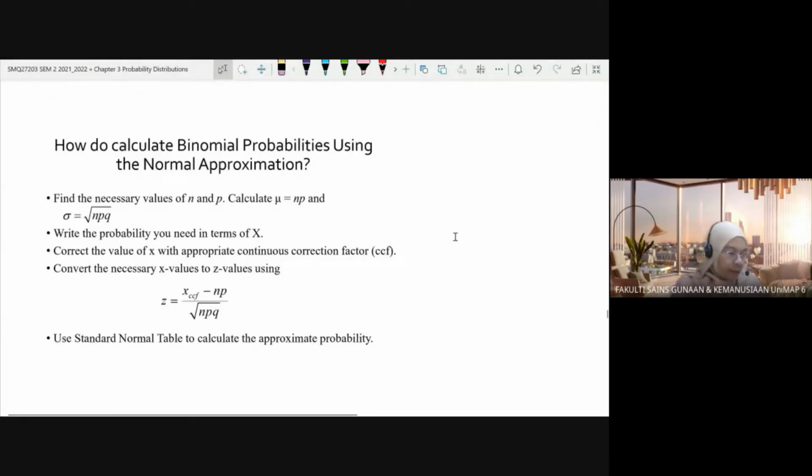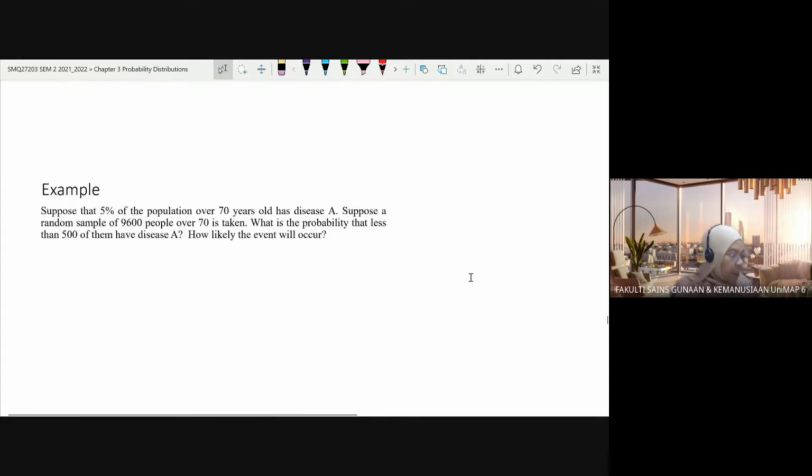More or less these things are almost the same as what we have done in our equation using the normal distribution or standard normal distribution. So let's look at these notes while we discuss directly on the example. Let's look at the first example.